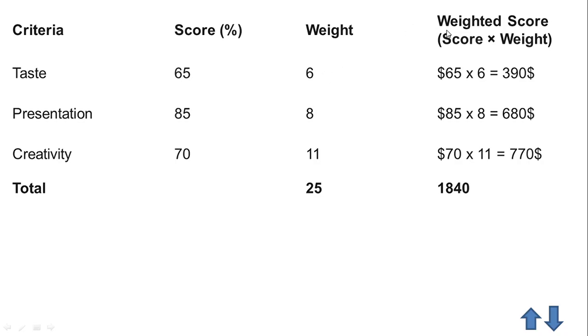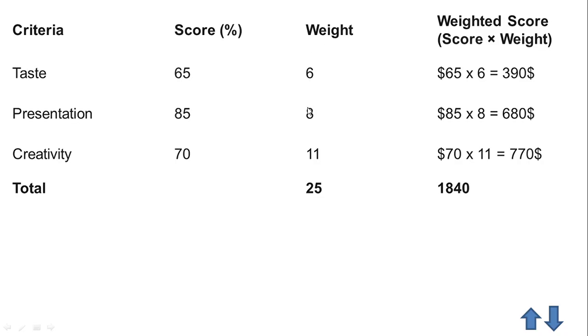Then the total weighted scores. It is like getting fx if this is x, and you are given frequency f.